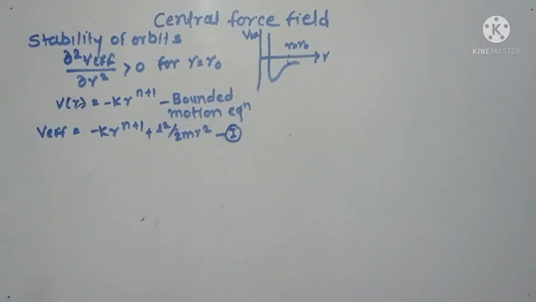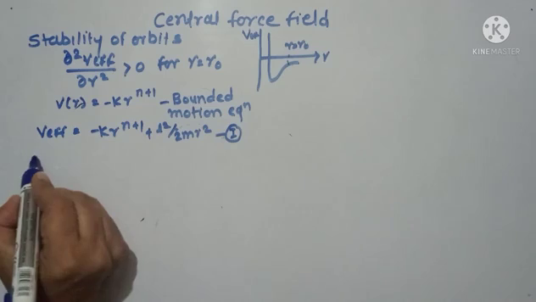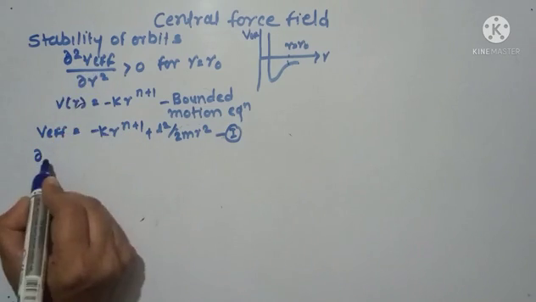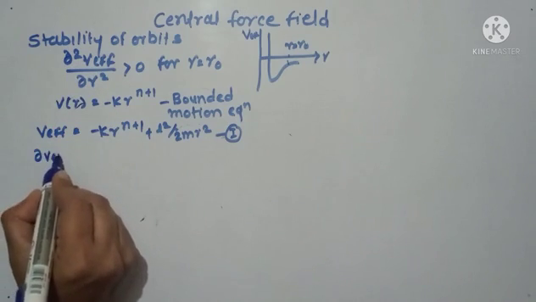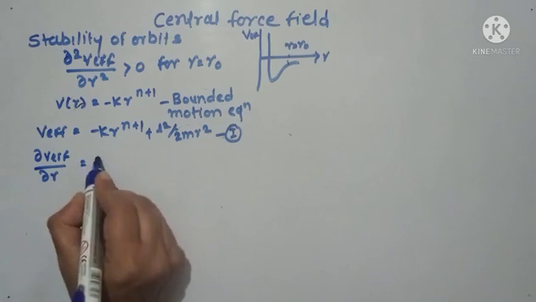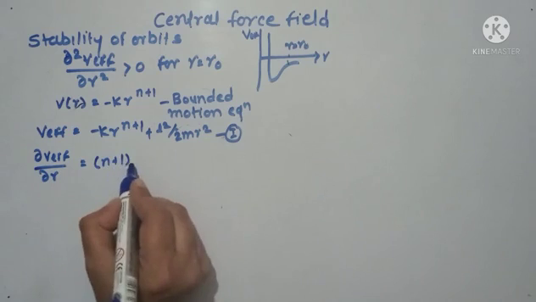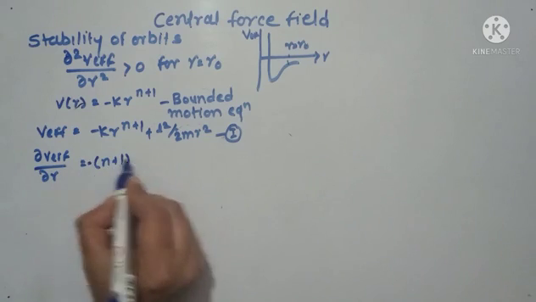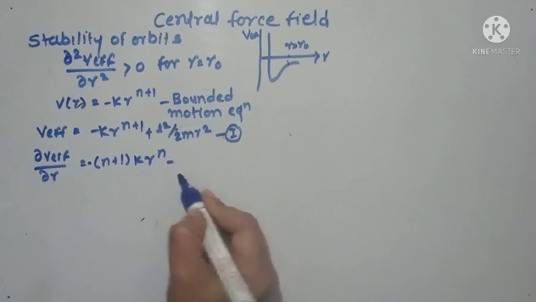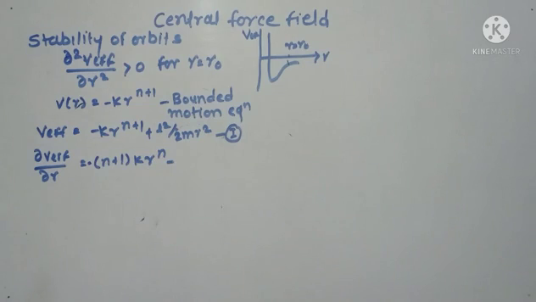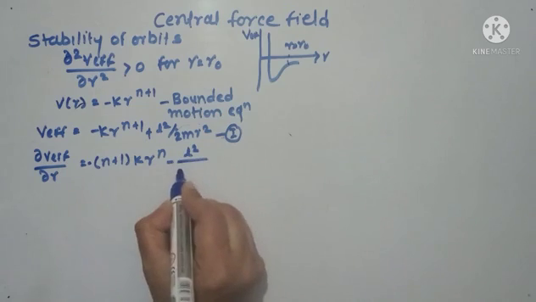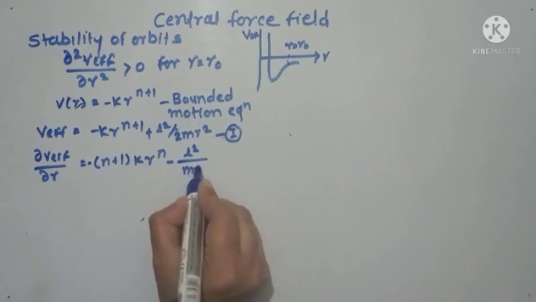Now let me take the derivative of this equation 1, because I need to go for this condition. The derivative of V effective upon dr is nothing but minus n plus 1 k r raised to n, minus L square upon m r cube.